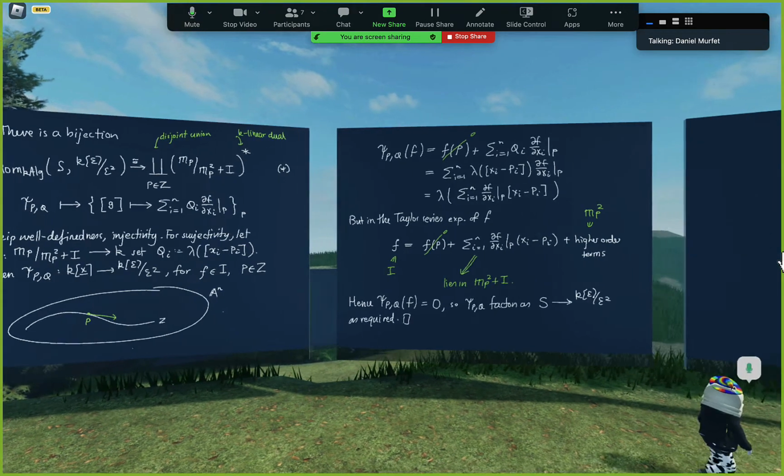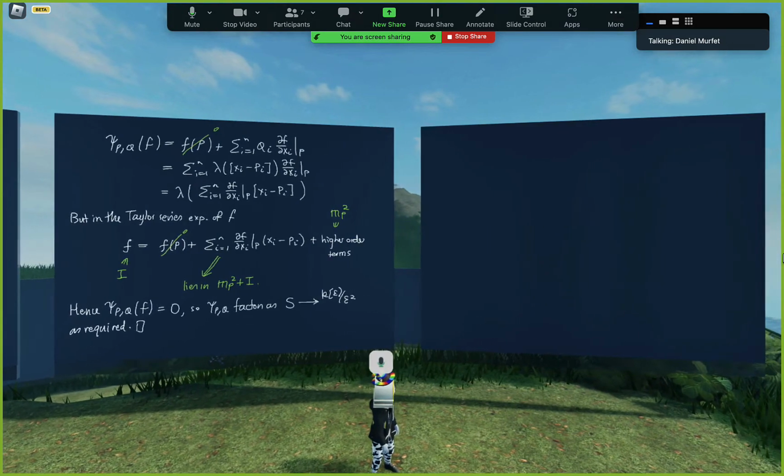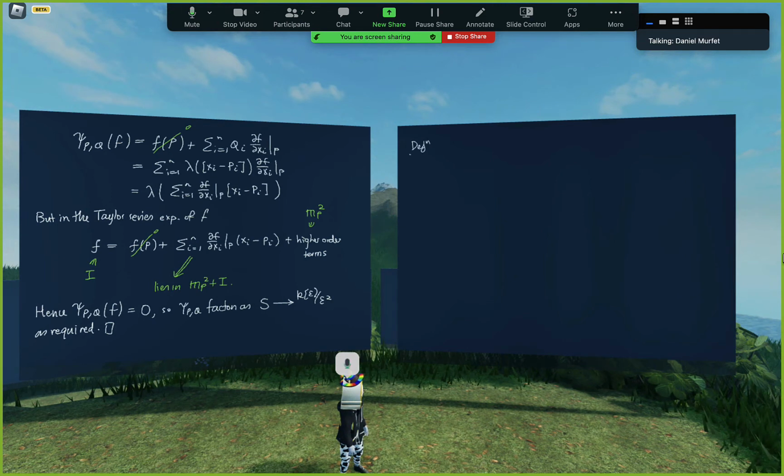Now this allows me to actually define the Zariski tangent space and cotangent space of my affine varieties, which I guess we want to know about anyway. So definition, the k-vector space that's involved there, which we write as TPZ, is the Zariski tangent space.